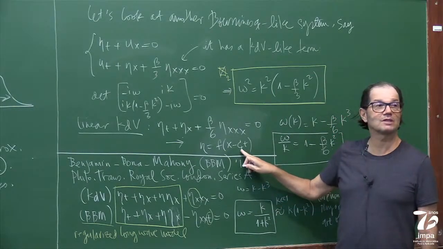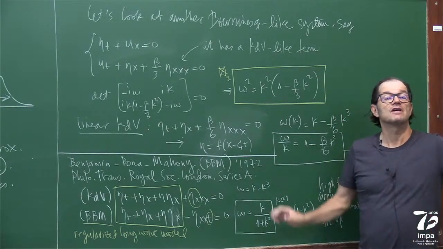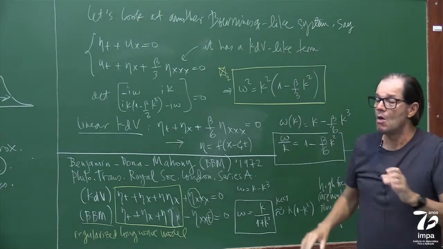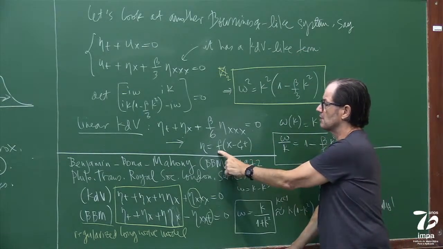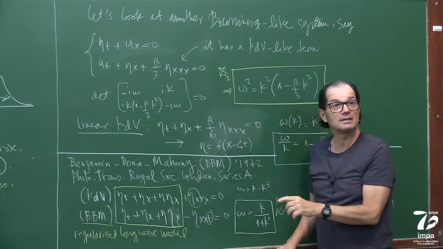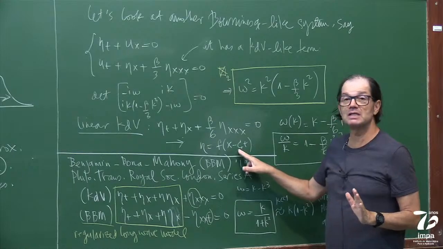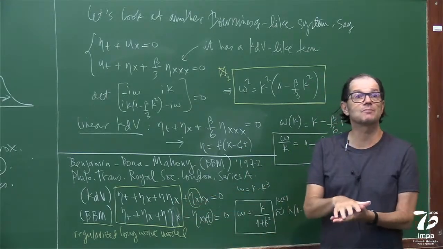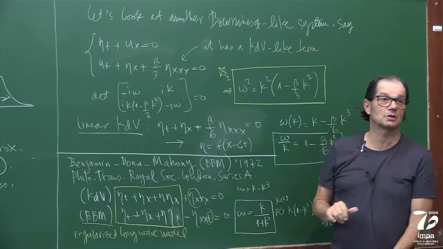I don't quite know what the speed is, but if there exists a traveling wave solution, it has to be of this form because it's a wave of translation, right? I might not even know what the speed is, and actually the speed for these waves depends on its amplitude, okay?